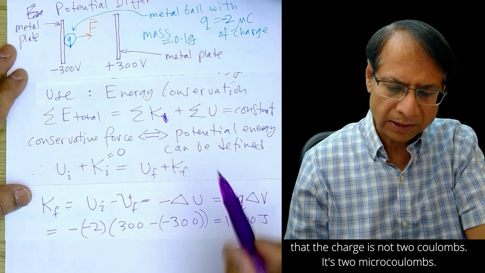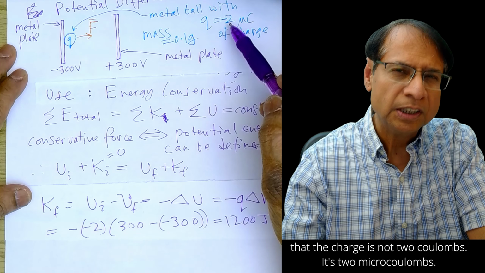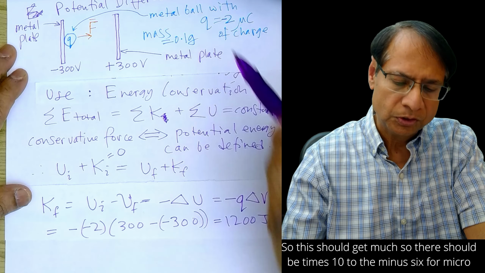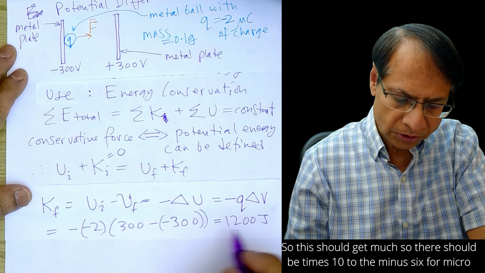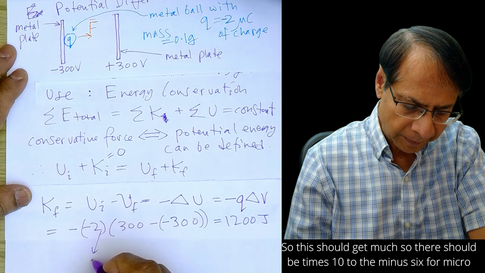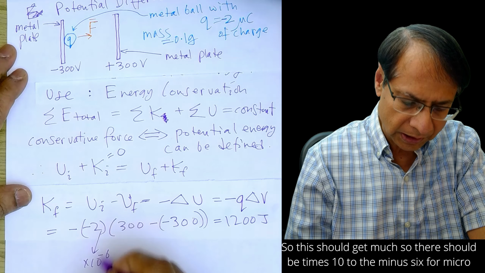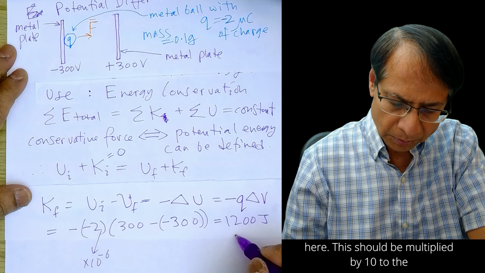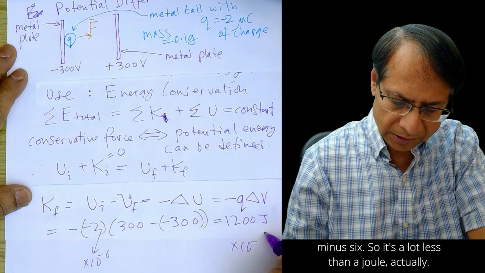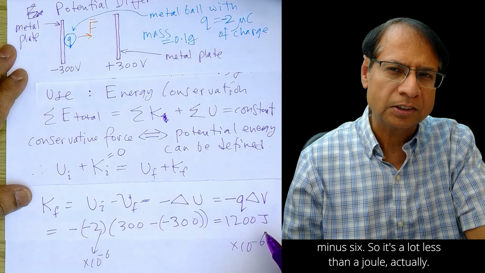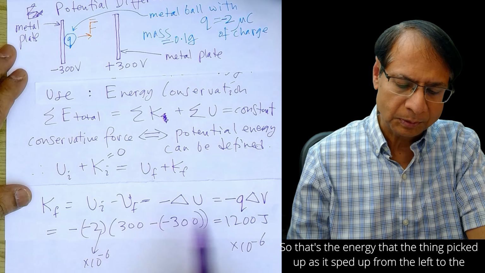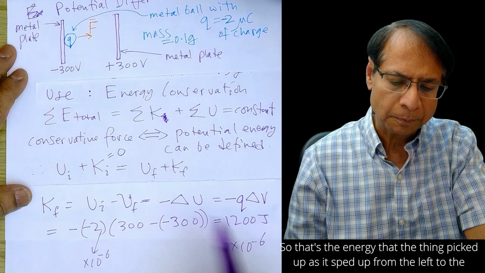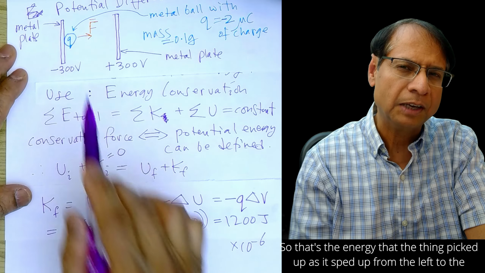I just realized that the charge is not 2 coulombs, it's 2 microcoulombs. So there should be times 10 to the minus 6 for micro here. So this should be multiplied by 10 to the minus 6. So it's a lot less than a joule actually. So that's the energy that the ball picked up as it sped up from the left to the right.